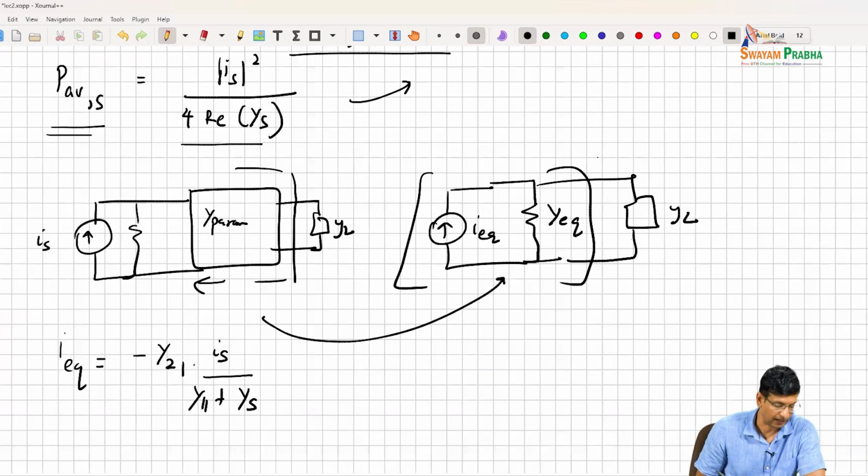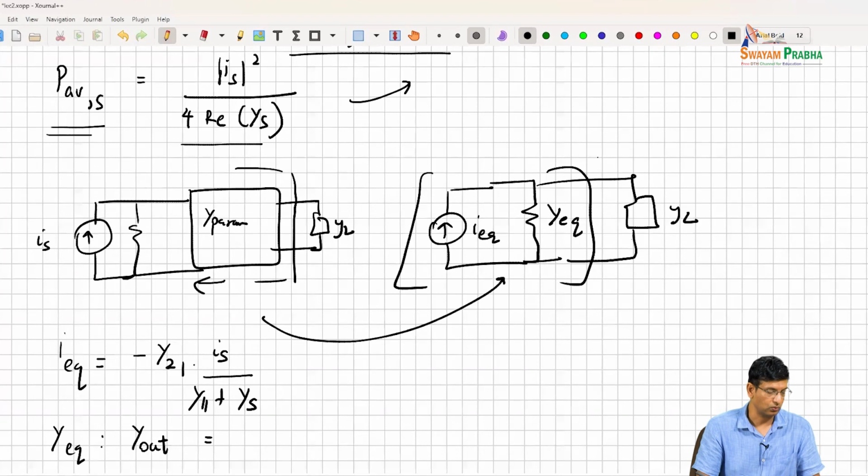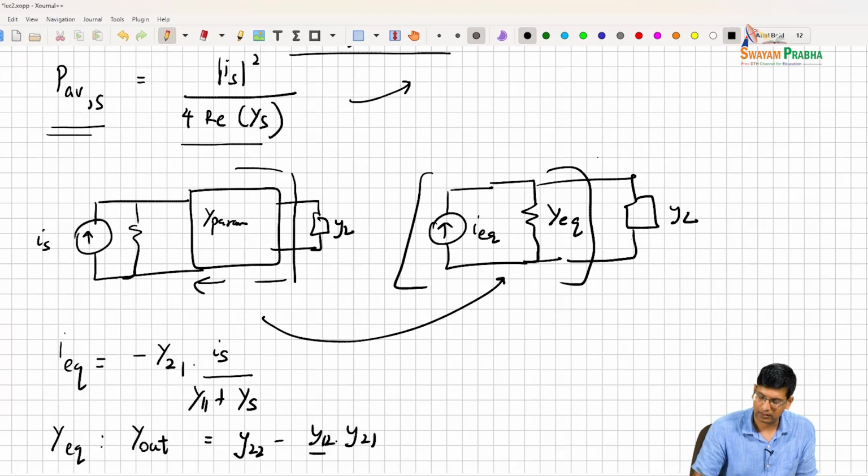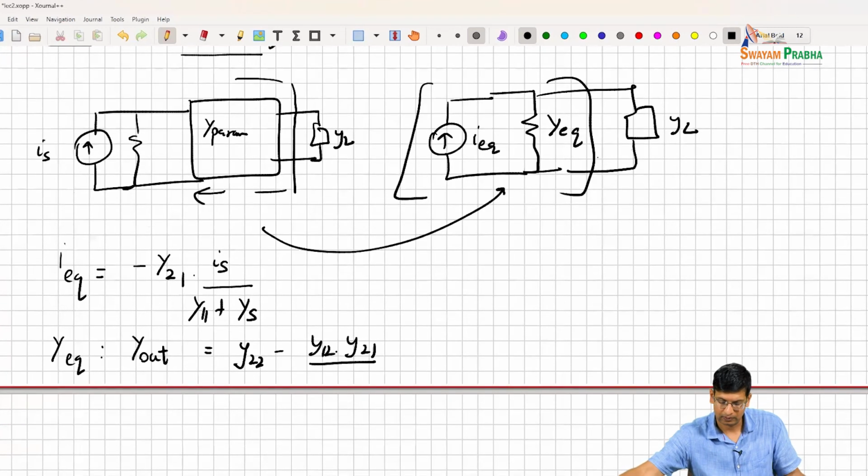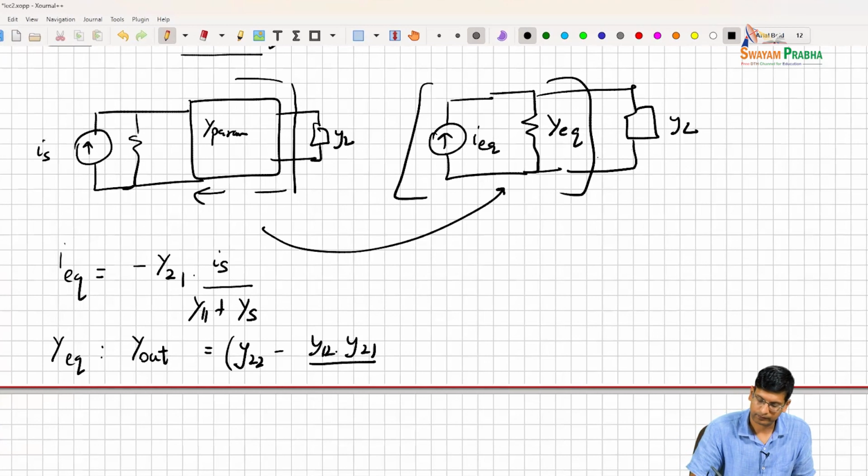And you can show that you get some YEQ, which is Y out, which is basically Y22 minus Y12 Y21 divided by Y11 plus Ys.